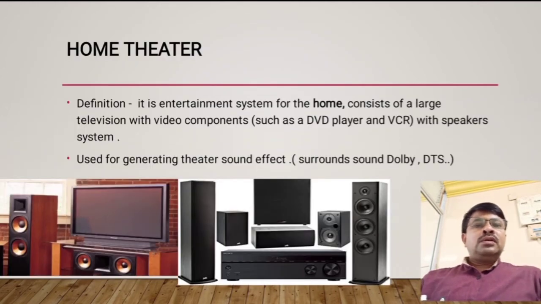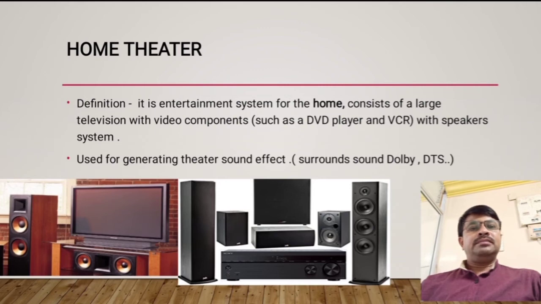Now the home theater system, this is the last part of the audio system. Definition: it is an entertainment home system consisting of a larger television with a playback unit, maybe a DVD player, CD player, and speaker system.